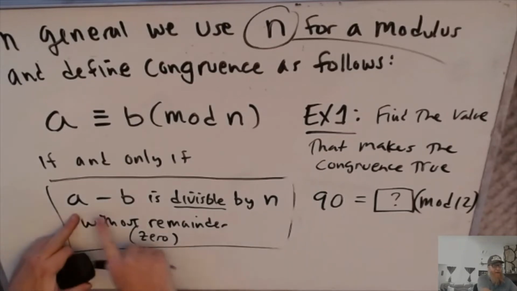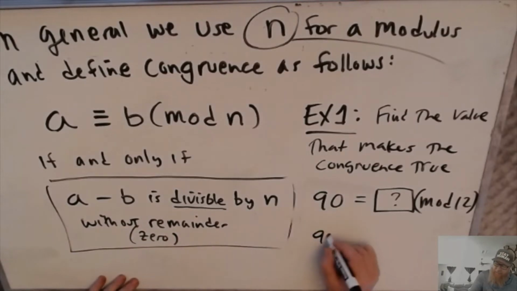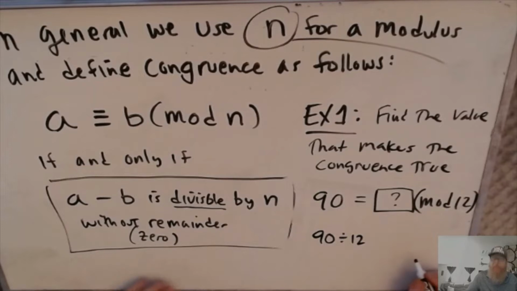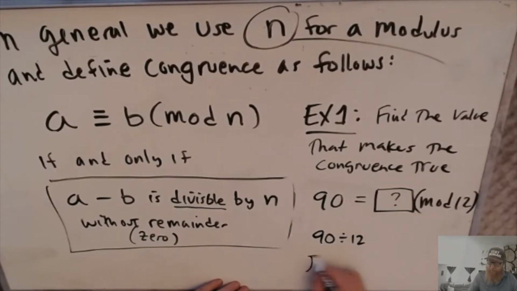So we want A minus B to be divisible by n without a remainder. Okay. So how do we do that? Well, we do 90 divided by 12. You've got to do it with long division. It's going to be 7 times.